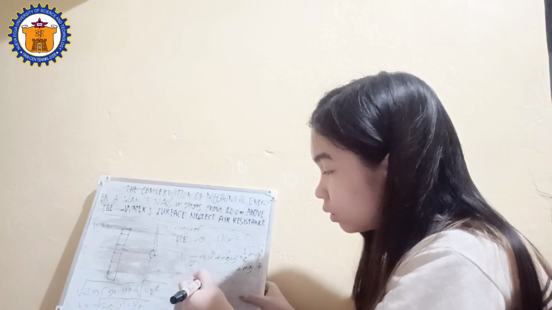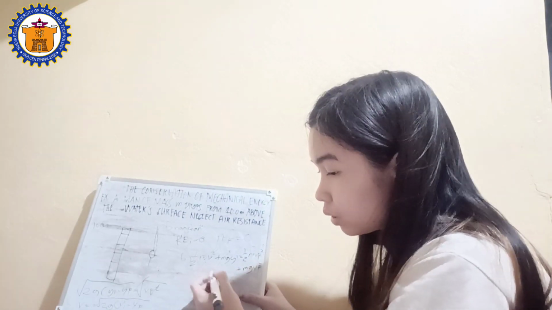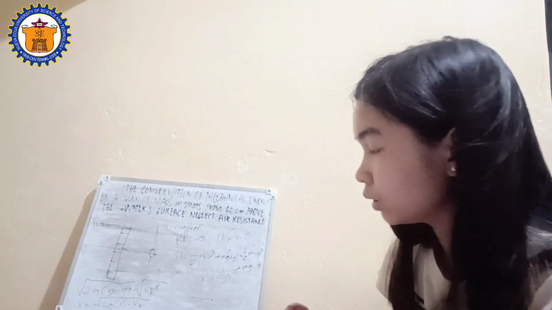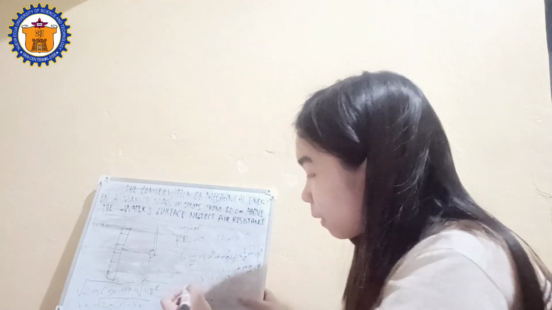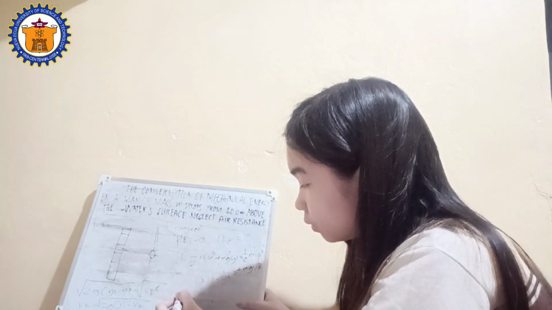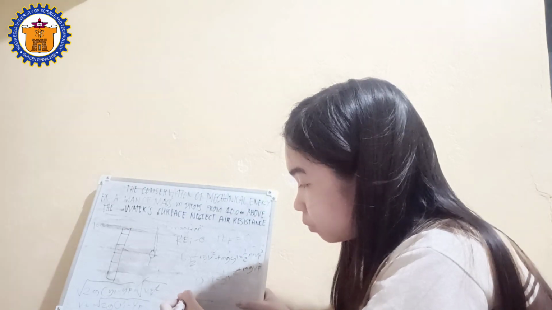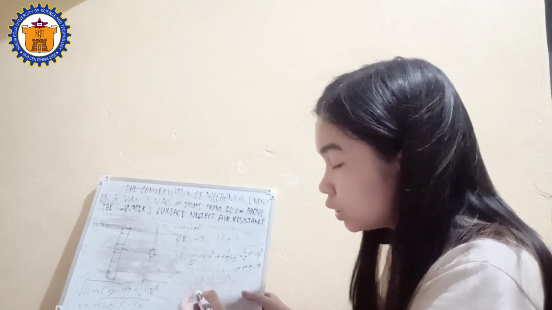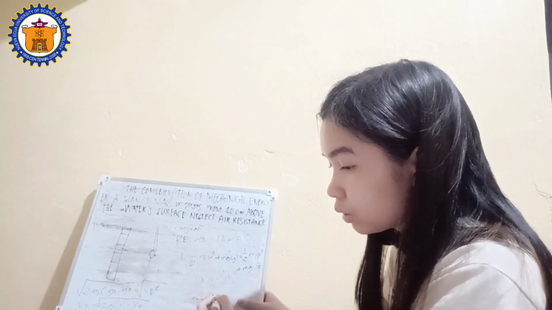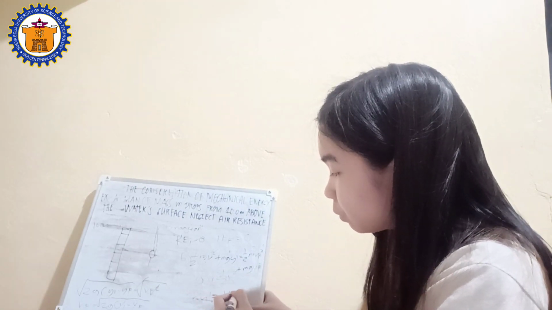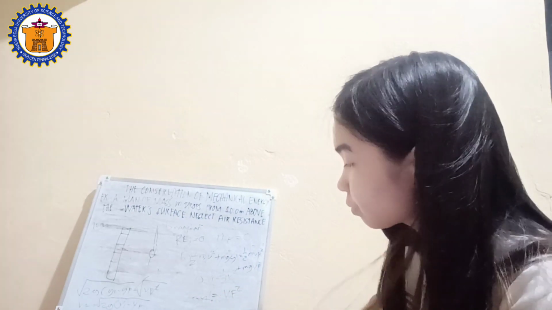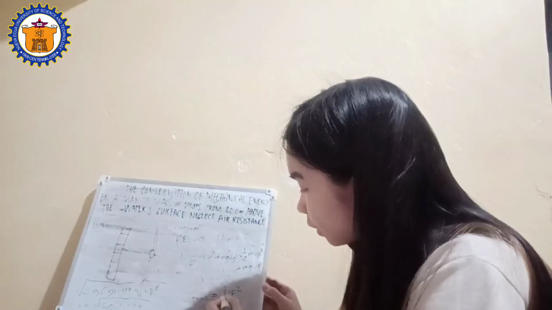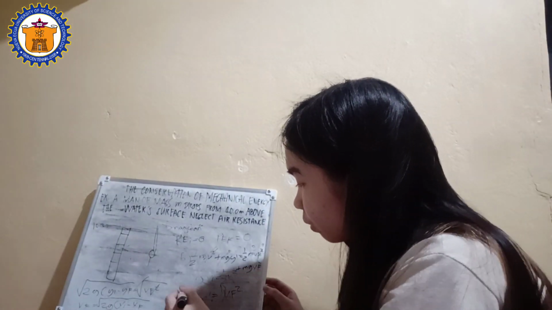Initial position is equals to 1/2 final velocity squared. So, cross multiply lang natin, 2g times initial position is equals to final velocity squared. And para makancel nga yung squared, lagyan lang natin both sides ng square root.